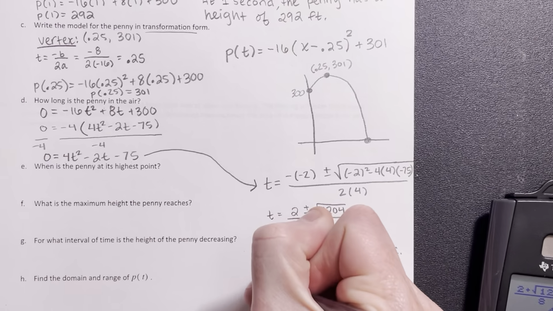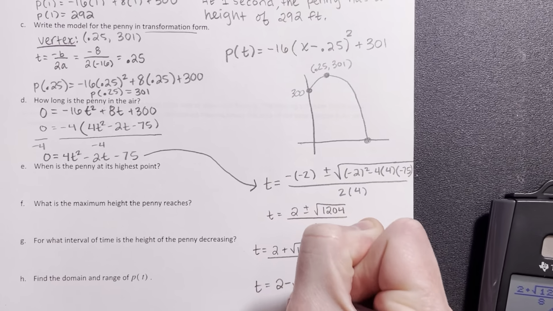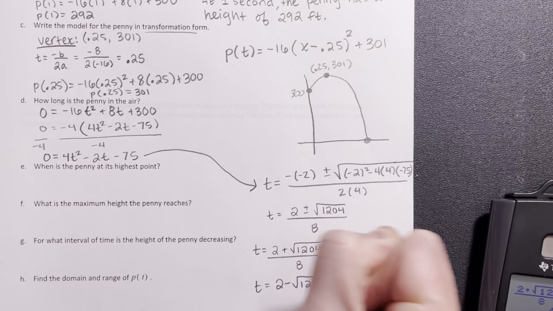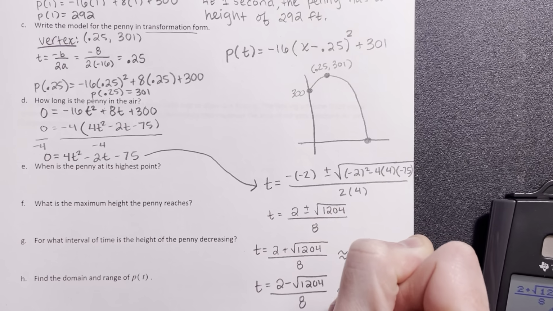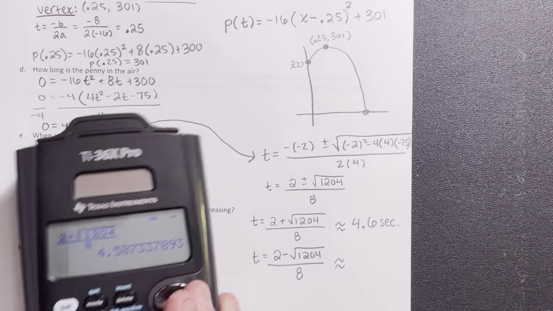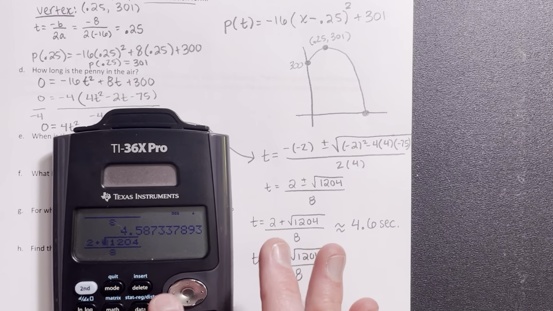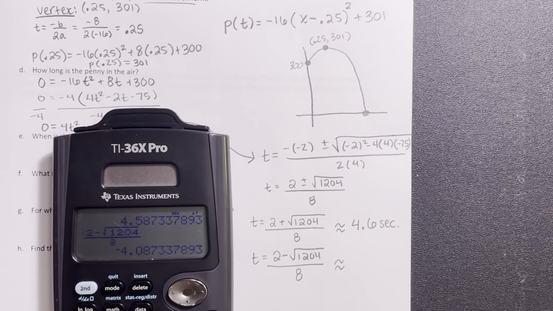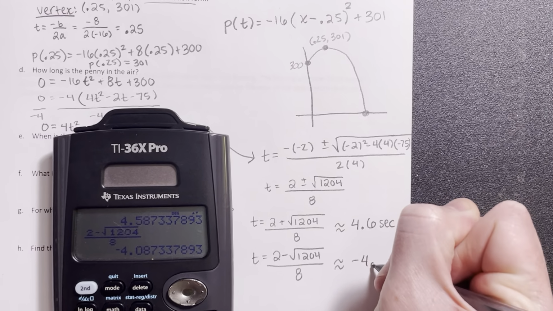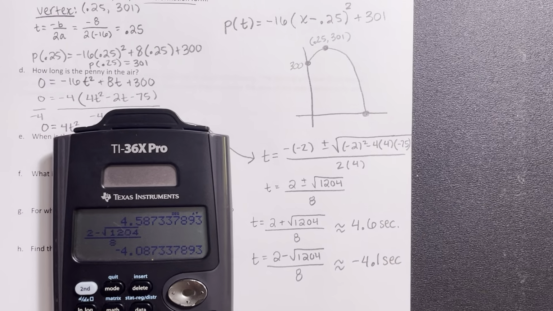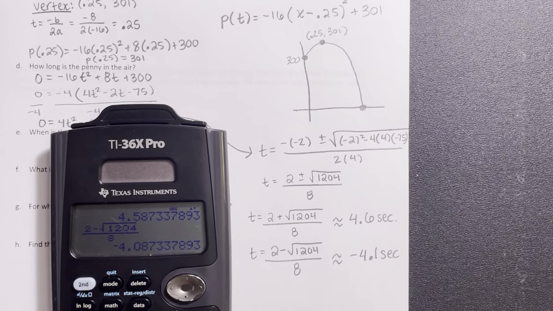And then if we had done the -1, that's 2 minus the square root of 1204 divided by 8, we can get the other decimal approximation. It's roughly -4.1 seconds. That negative does not help in this problem.